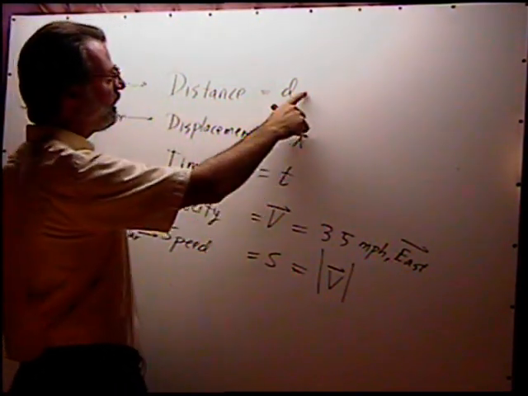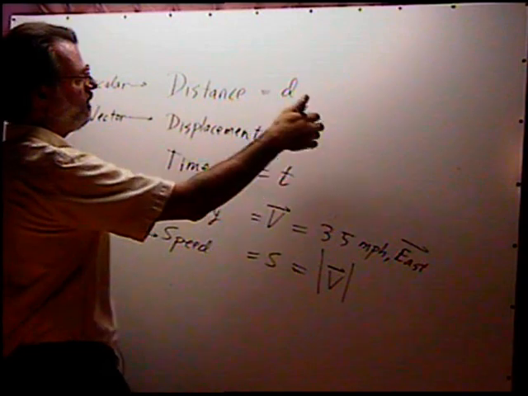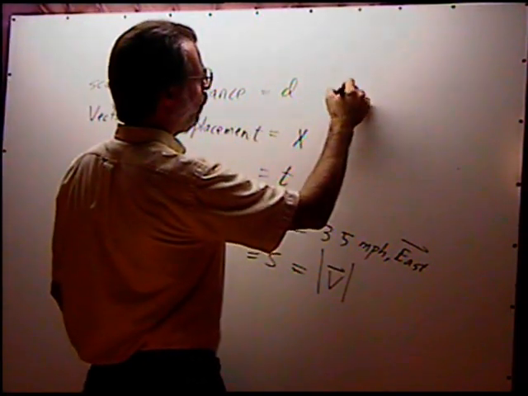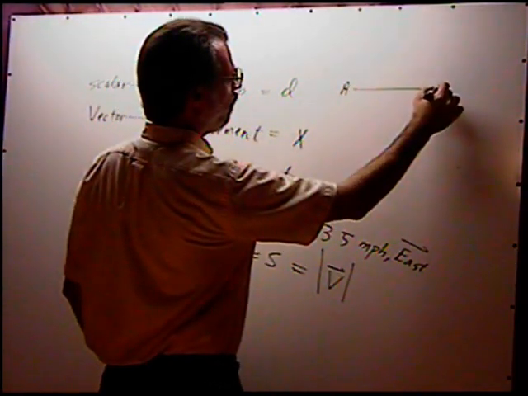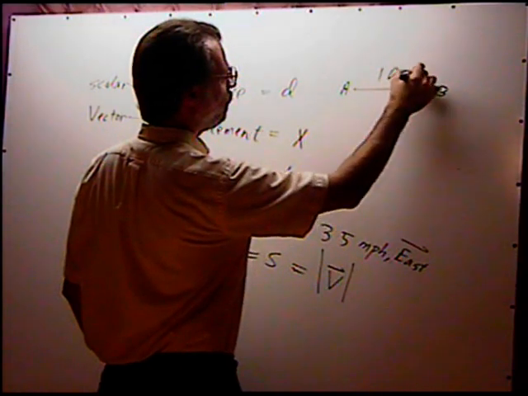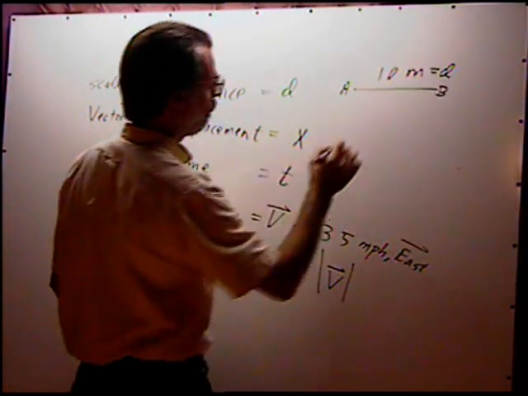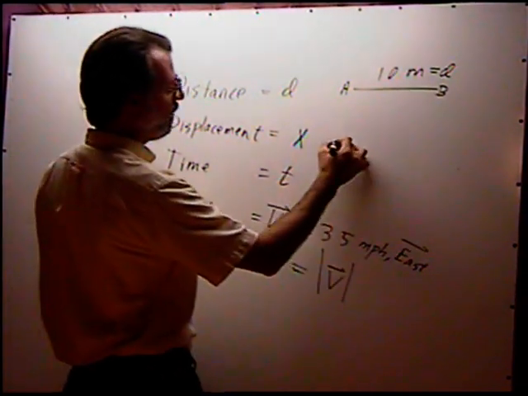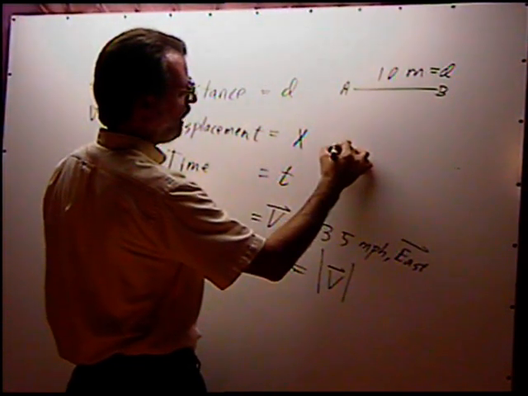When we say that d is a distance, for instance, if I have point A to point B and it's 10 meters, that's a distance.